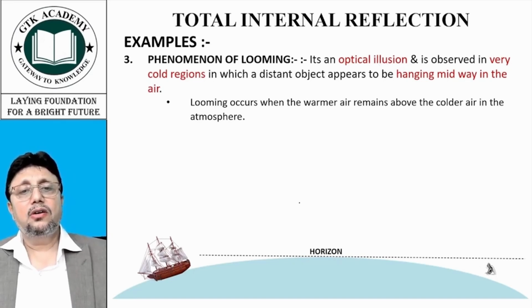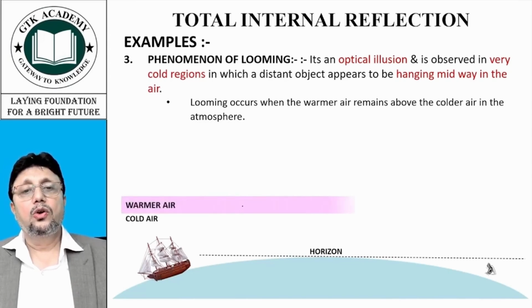The light rays from the ship emit in every direction. But because of the air being very cold here, this is the air adjacent to the sea is very cold. And as you move up, the air becomes hot, less cold, warmer air.